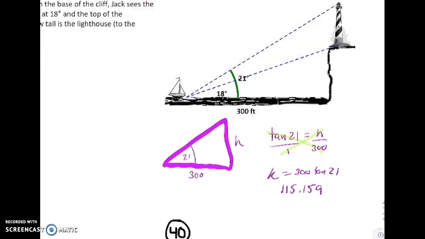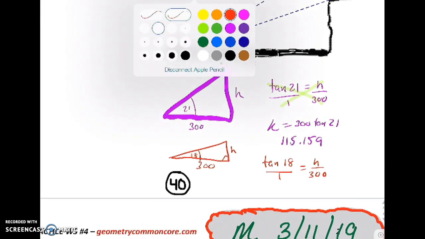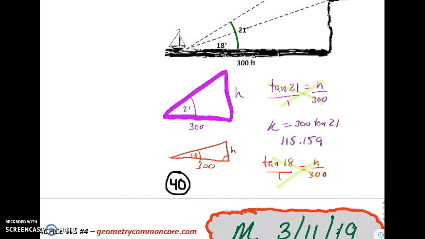Then there's the smaller triangle, which is still 300 on the bottom. It's only an 18-degree angle, and we're looking for the height. So it's identical, except it's tangent of 18 equals height over 300. That's the only difference. And when we cross multiply, we get h equals 300 times the tangent of 18.